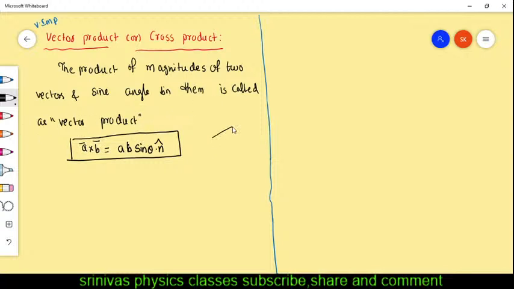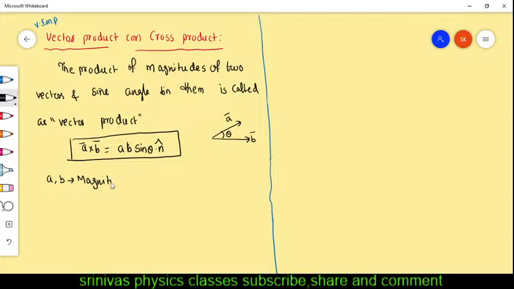Let us see here. This is the first vector a bar and this is the second vector b bar. The angle between the two vectors is theta. Now between the two vectors, if you write a bar cross b bar, this is called the cross product. The cross product formula is ab sine theta n cap. What is this? a and b are the magnitudes of the two vectors.